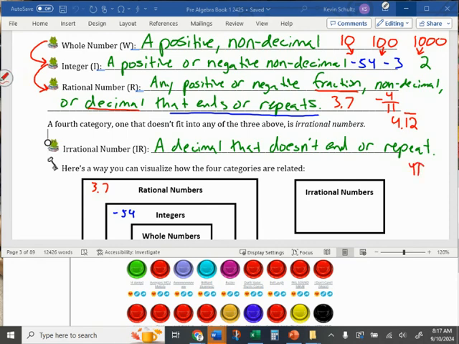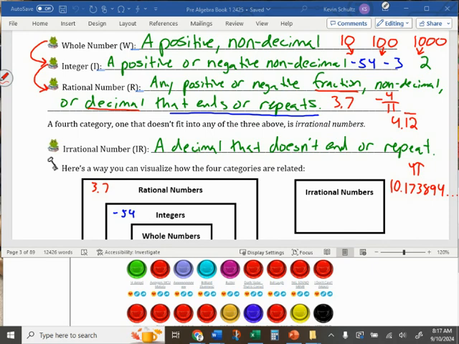Okay? Or if it's not a special number like pi is, maybe it's just something like 10.17389 forever. What we would put is the dot, dot, dot. If you see a decimal with a dot, dot, dot at the end of it, that means it goes on forever, does not repeat.